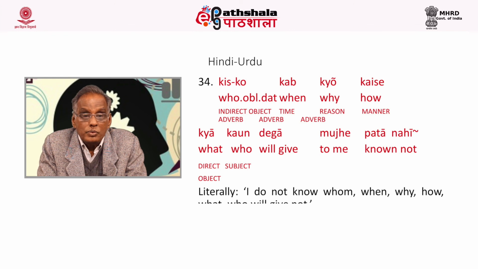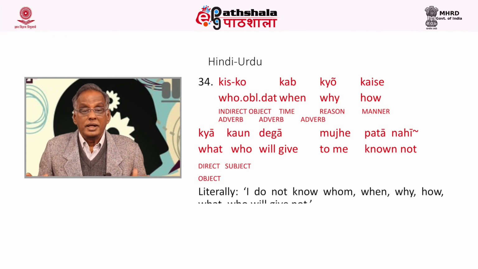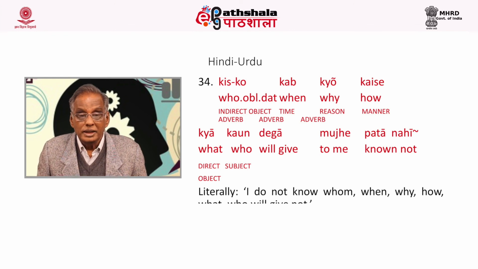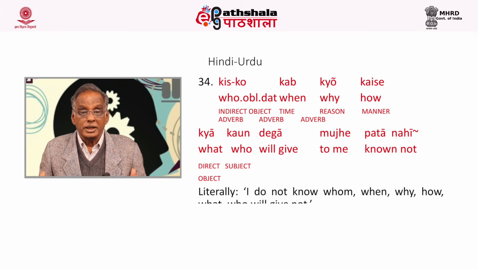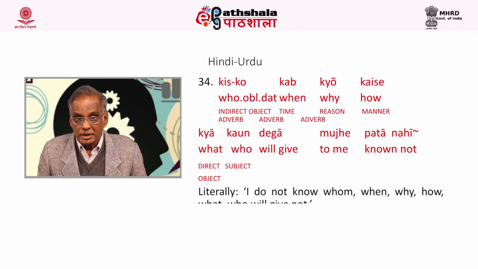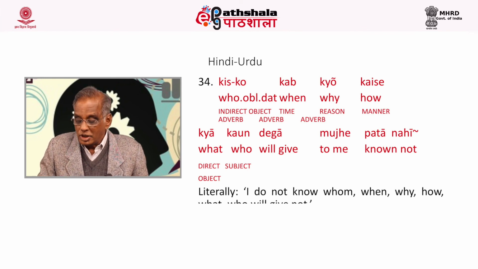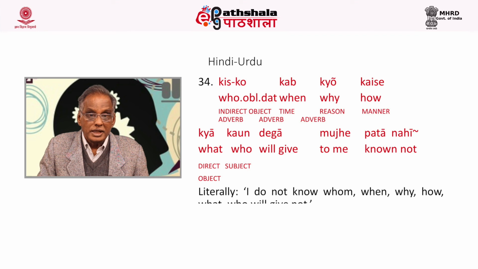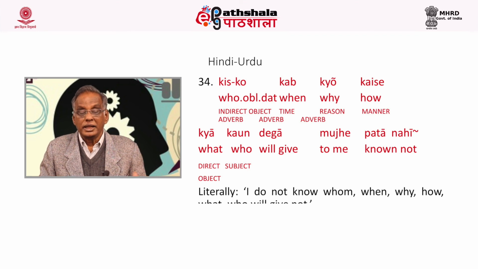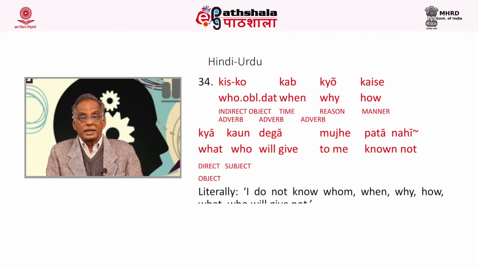So what does that prove? This proves that Hindi, or for that matter any Indo-Aryan language, does not obey any superiority effects, because there is no obligatory question word movement in Hindi or in any other Indian language as there is in English.